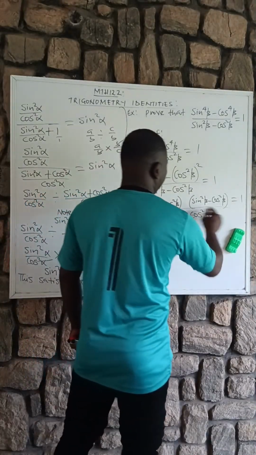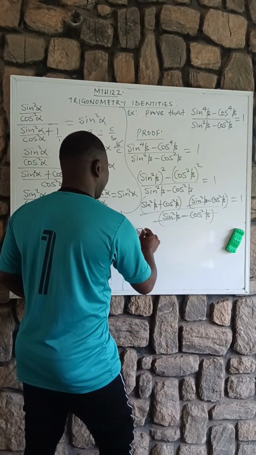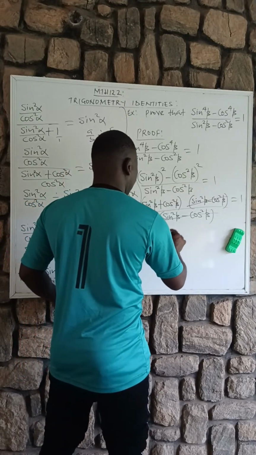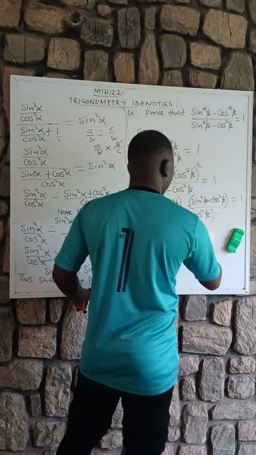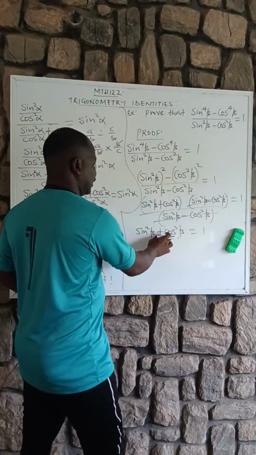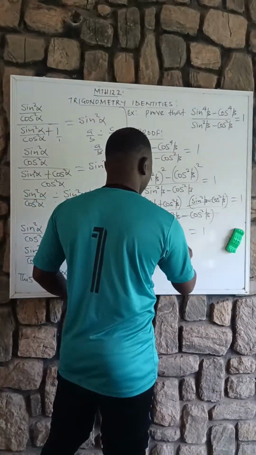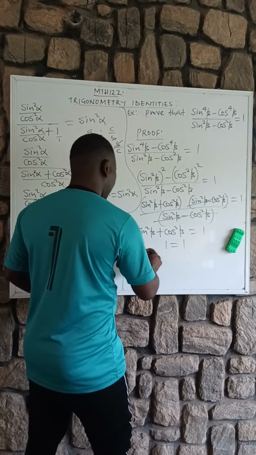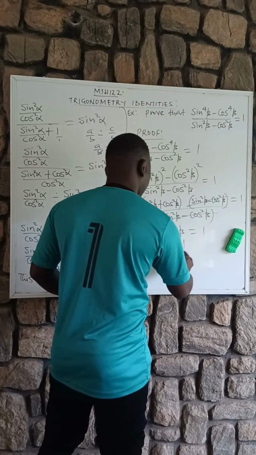So this and this will cancel. You can now see that we have sine square beta plus cos square beta equals to 1. So therefore, this is equal to 1, and this satisfies the proof.